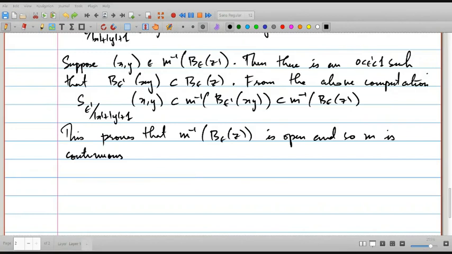So this completes the proof of the above theorem. Similar to this theorem, let us prove another result. And let's also prove this result.